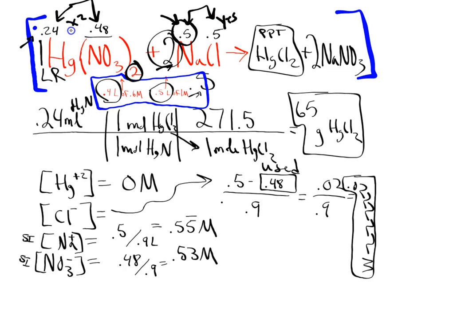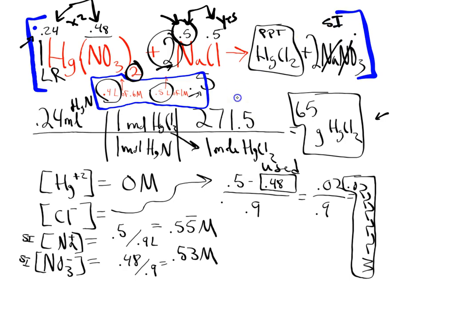The next step, we would take our 0.25 moles, now that we know this is our limiting reactant, and we do a picket fence. This one ended up to be a 1/1. And then we had 1 mole per 271.5. That's the molar mass of what our precipitate was. By the way, I knew this was the precipitate because Na and NO3 never form precipitates, so they're always spectator ions, right?